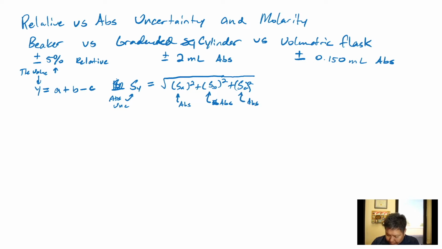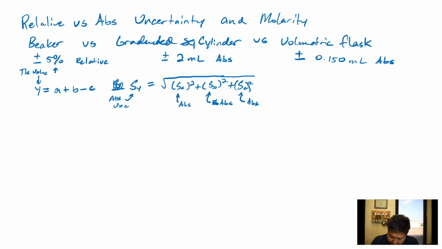Of course, you can add on as many as you want in this calculation, however many values you have. That's how you would do it with plus or minus, addition and subtraction.